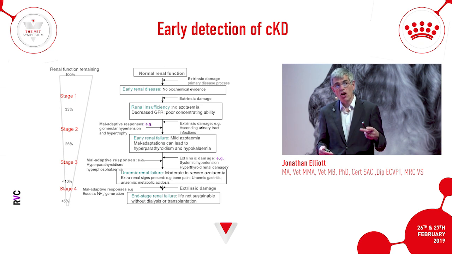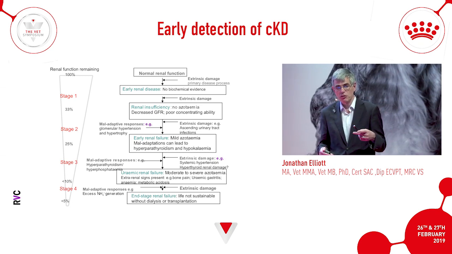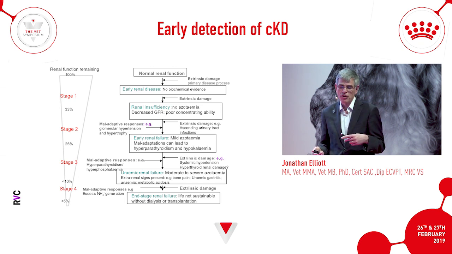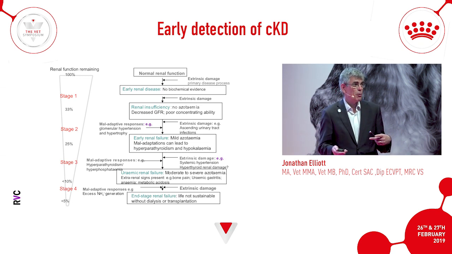With continuous loss of functioning nephrons, the stage of kidney disease progresses, and it progresses to a point at which the remaining functioning nephrons start to do some adaptation to try and continue to excrete the waste products effectively from the body and to control homeostasis of phosphate, for example, which I'm going to talk about in more detail this afternoon.